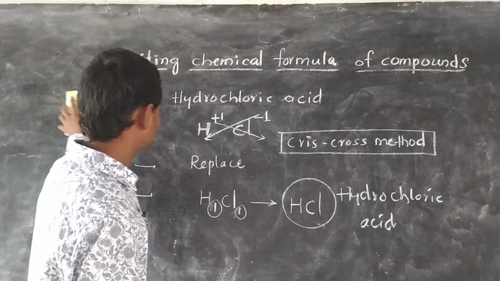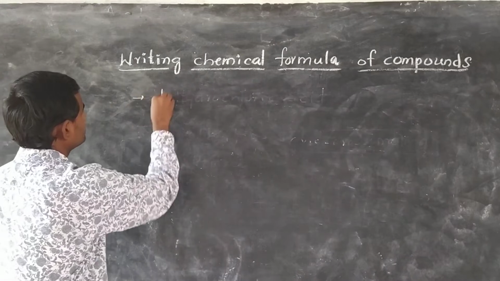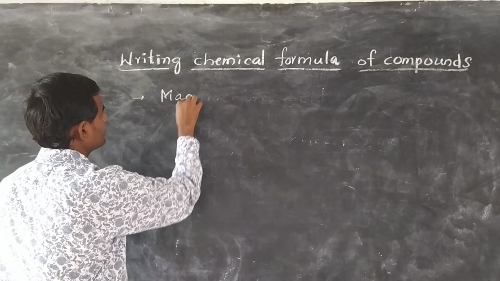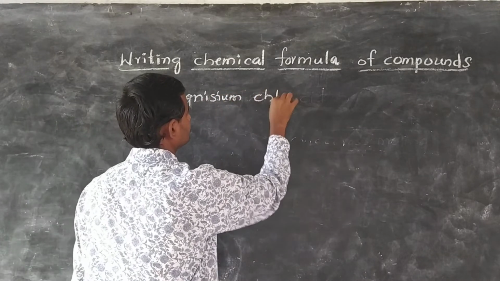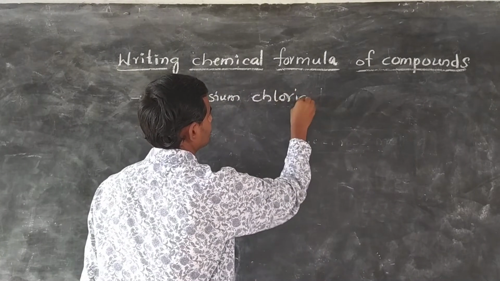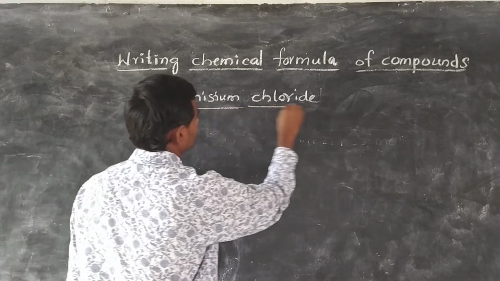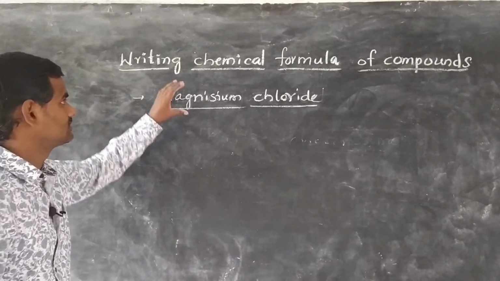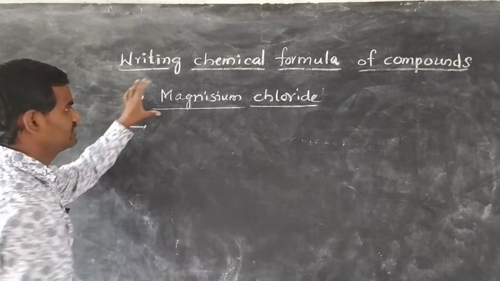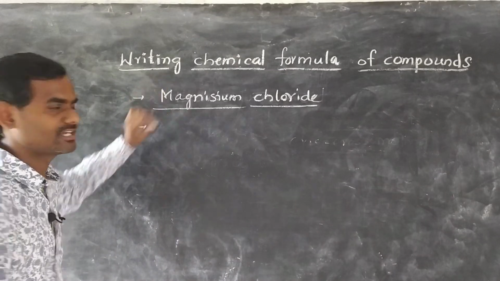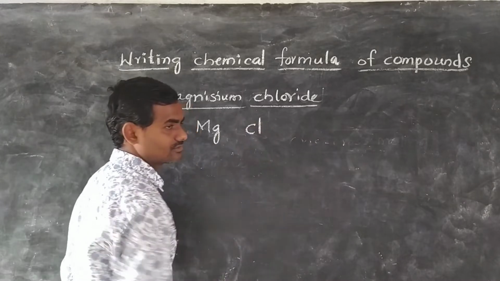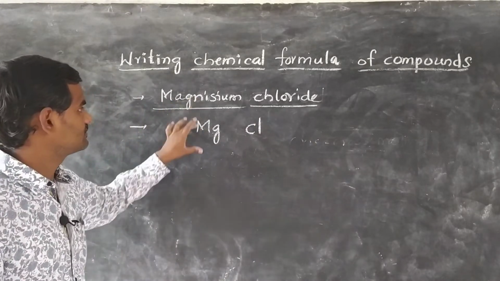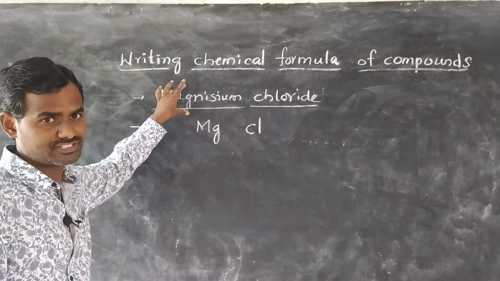We will see one more example, magnesium chloride. The atoms present in magnesium chloride are magnesium and chlorine.